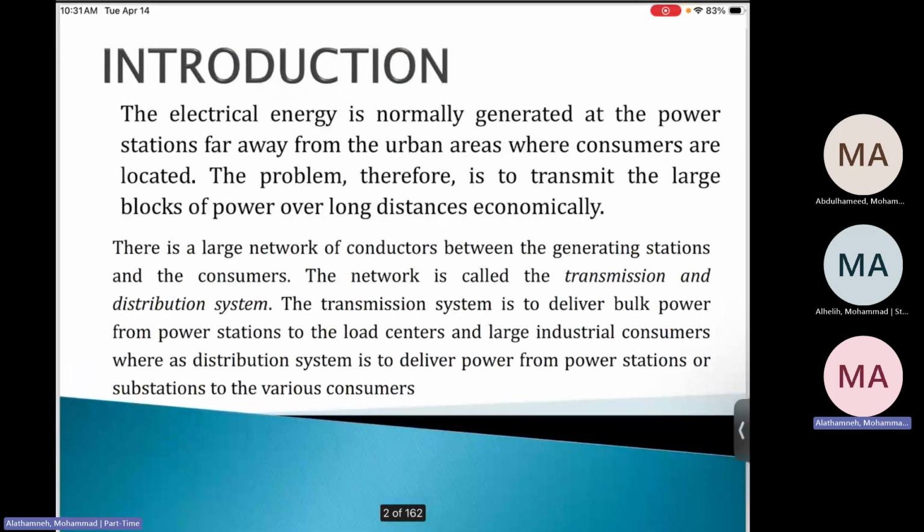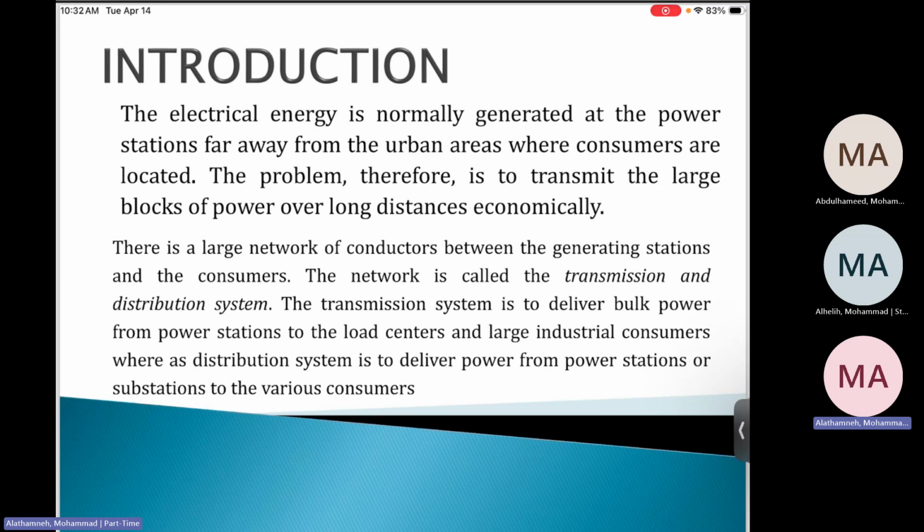So here, again, the introduction. As we know, the electricity is generated at the generator substation, then goes to the customers through the transmission line and sub-transmission line areas. The problem is when we transmit large power for a long distance, we need to use high voltage. Therefore, we create the transmission and distribution system.